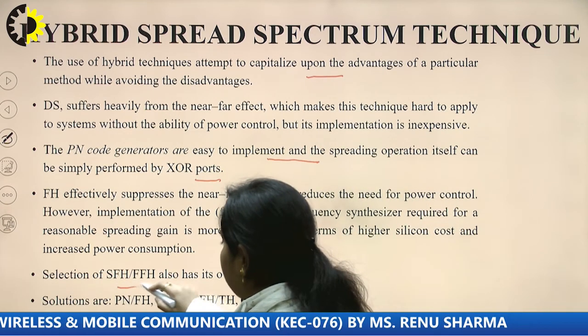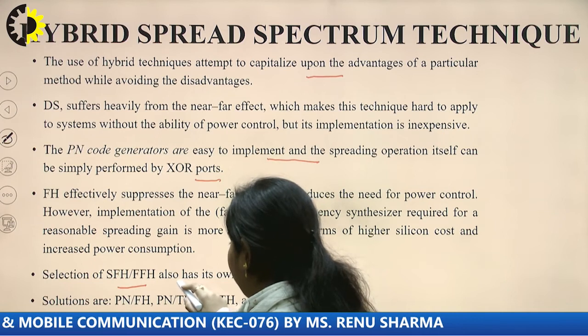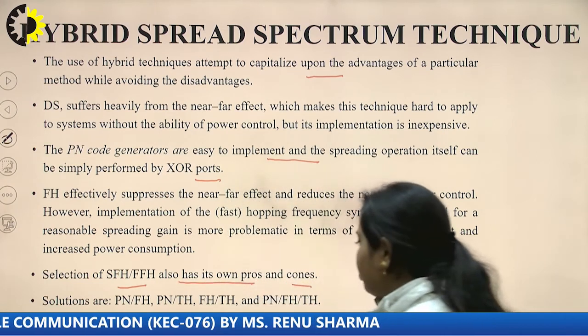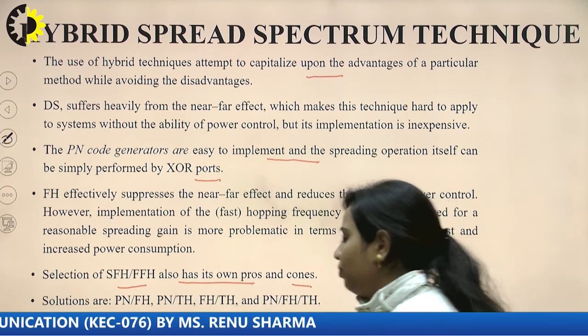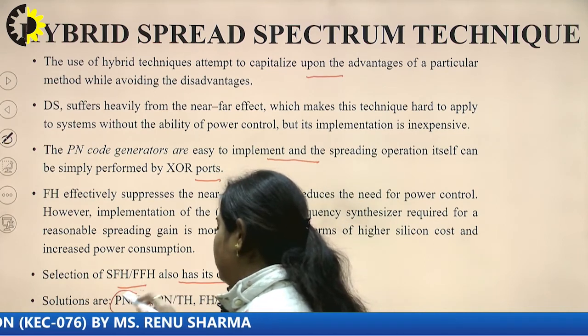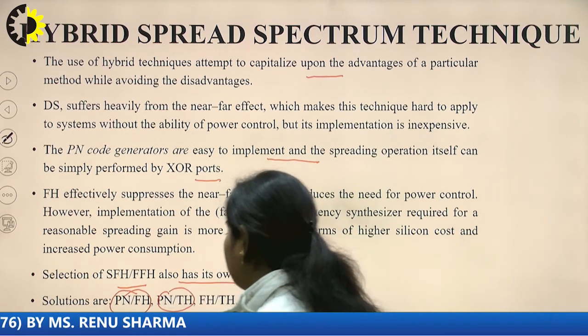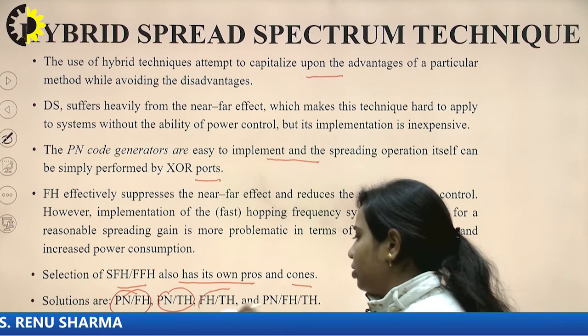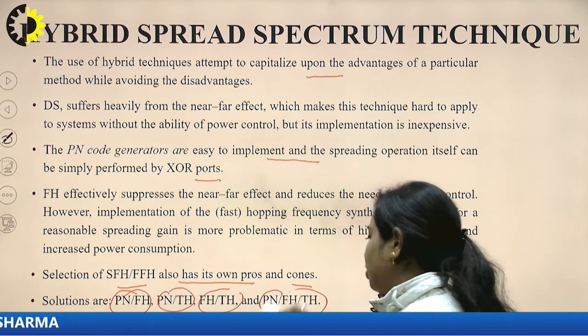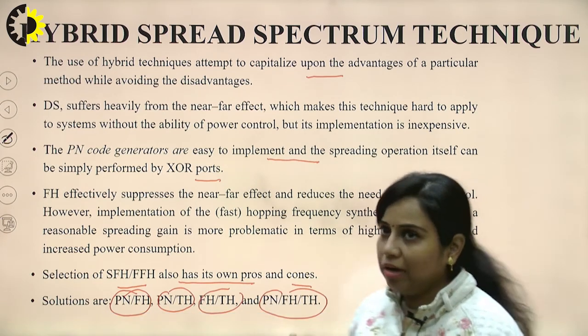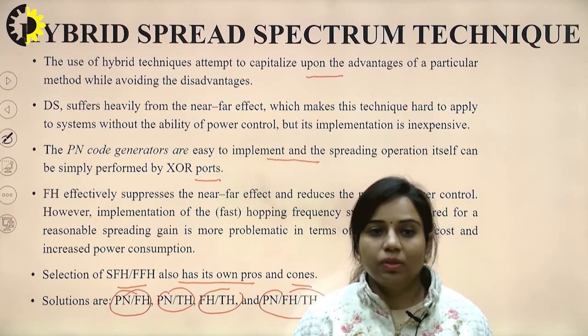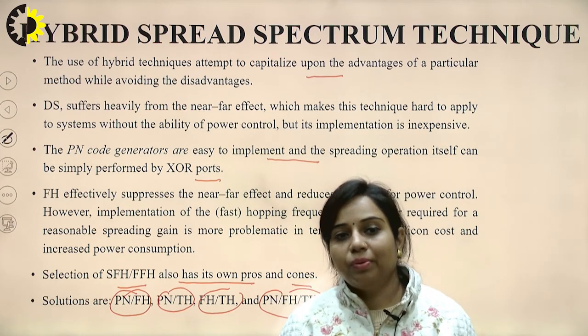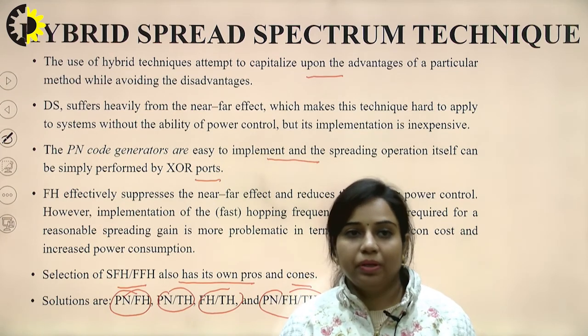Selection of SFH or FFH also has its own pros and cons, and the solution is to use PN sequence with frequency hopping, PN sequence with time hopping, frequency hopping with time hopping, and a combination of all three. These are the hybrid combinations that are possible, which combine the advantages of FH, TH and PN.